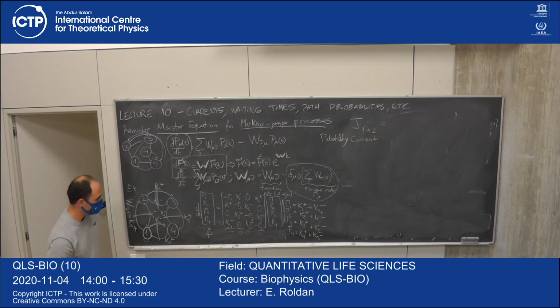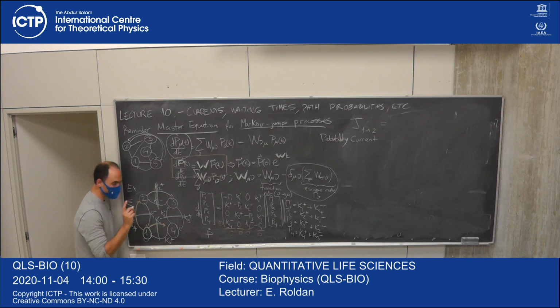So I sum current when I go from 1 to 2. Right? So there must be a positive term. What is the positive term? The current. Remember, current is like density times velocity. K1 plus times P1. That's the point.